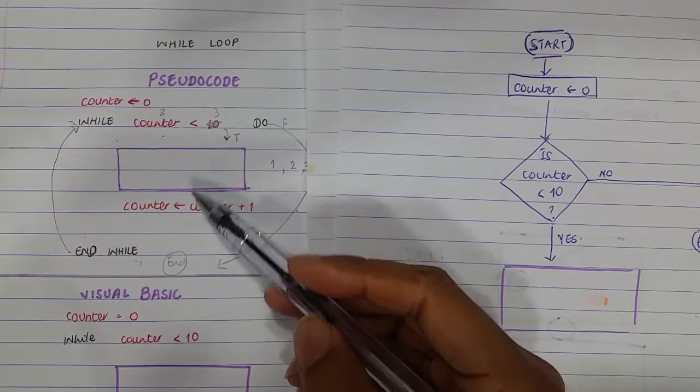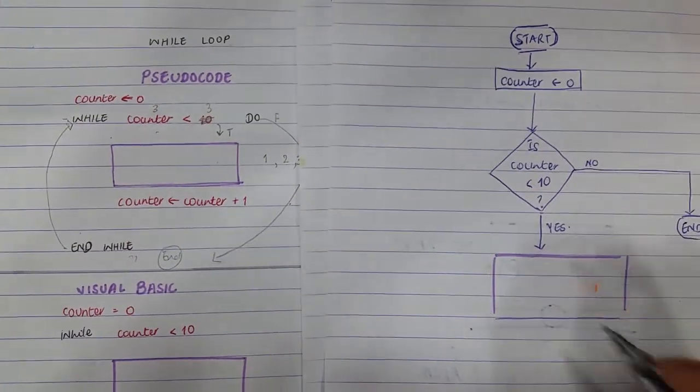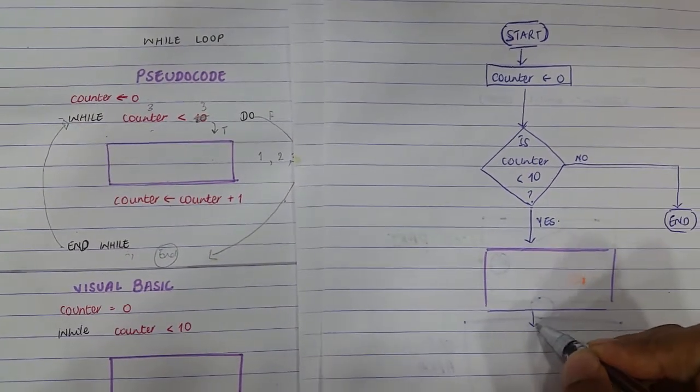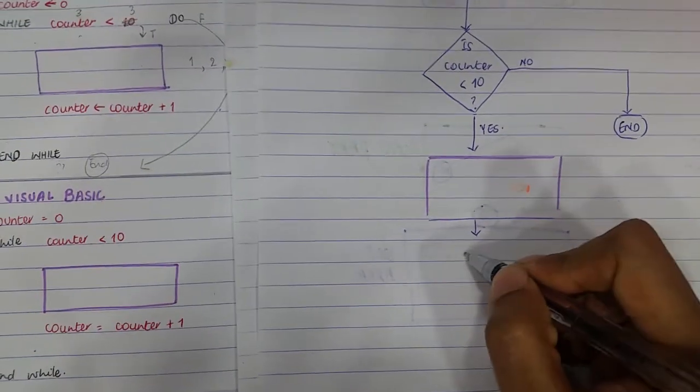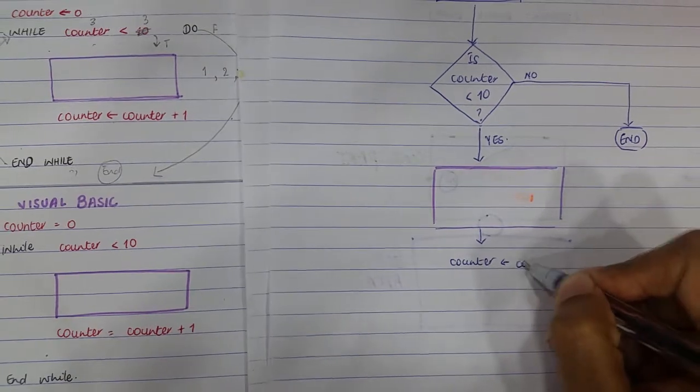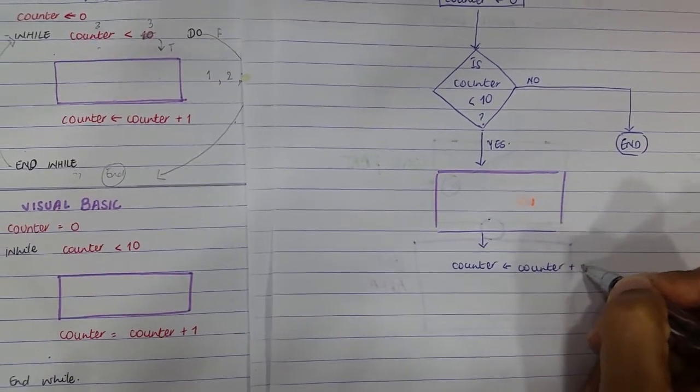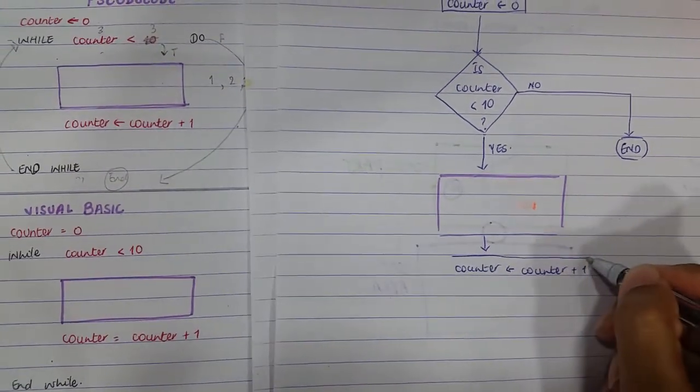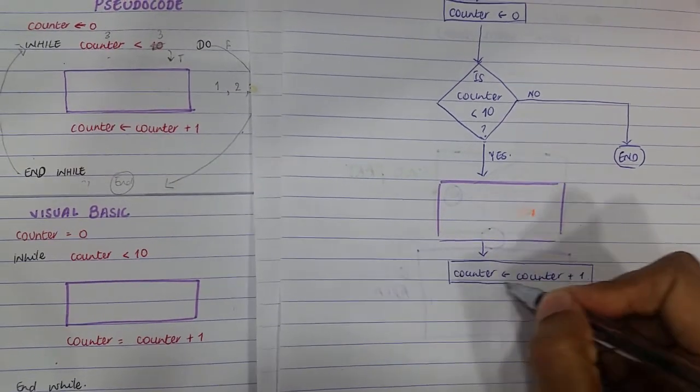After that, quand nous finissons, nous pouvons faire increment counter plus 1. So here I go, I increment counter plus 1. Again, this is a process.